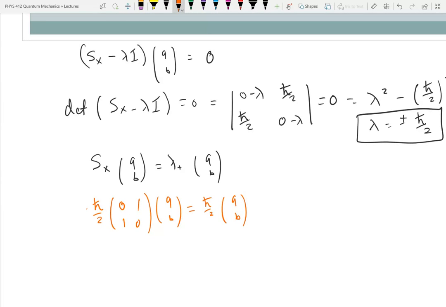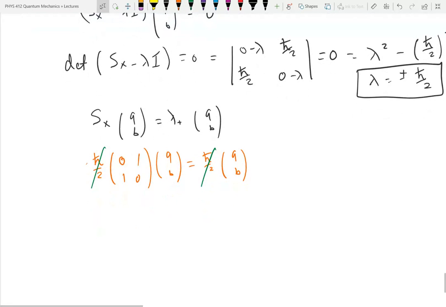So we got, the first one is h bar over 2 and B. Let's make life real easy. I hate to write that so many times. Okay, so now what? B equals A, and A equals B. So what should I have here for my vector?